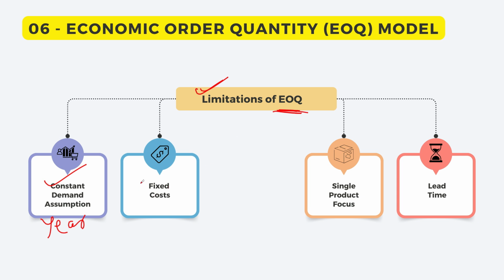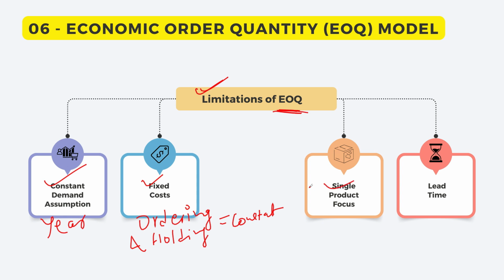Second is fixed cost. EOQ assumes that ordering cost and holding cost are constant, which might not be true in all cases. Thirdly, EOQ has a single product focus.